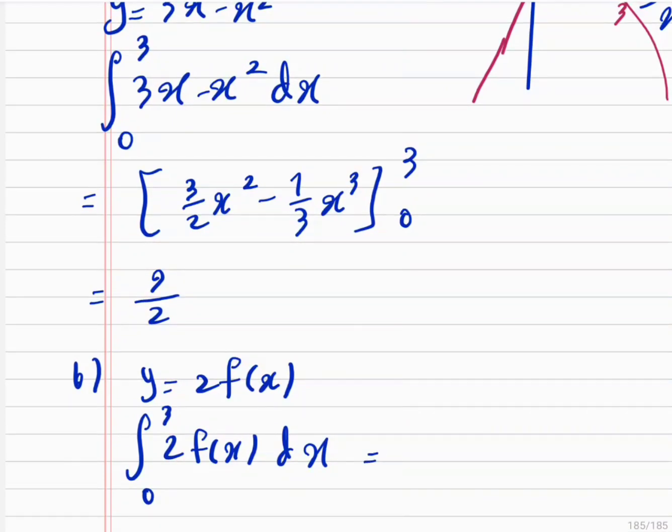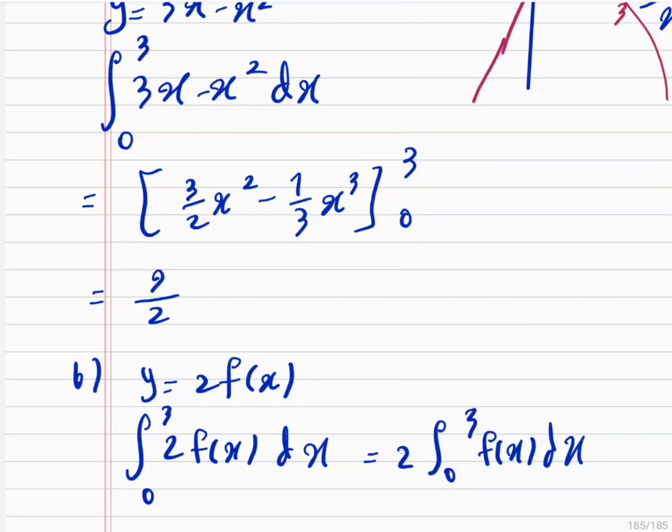One of the properties of integrals is that we can always take out the constant, so that becomes 2 times the integral of f of x dx between 3 and 0. And guess what? We have already solved this integral in part A, which was the integral of f of x between 0 and 3.